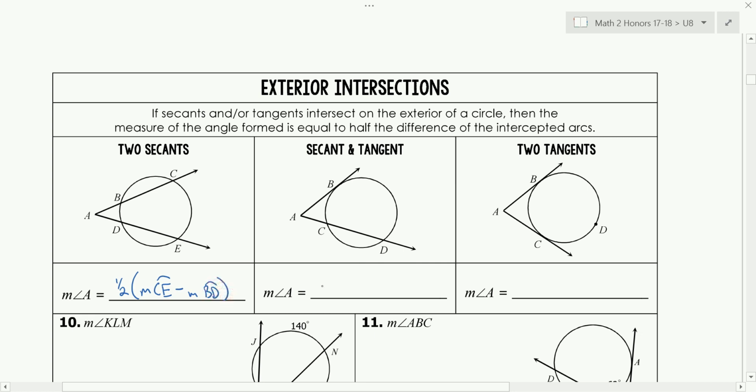And same with the second picture. It's 1/2 the larger intercepted arc, which would be BD, minus the measure of the smaller intercepted arc, which would be BC. And same with the third case.